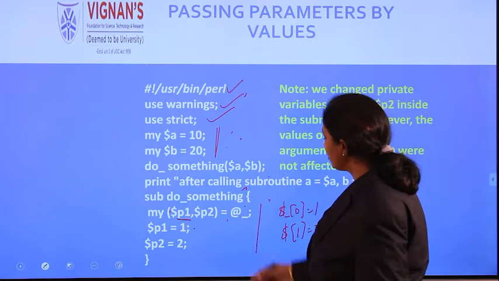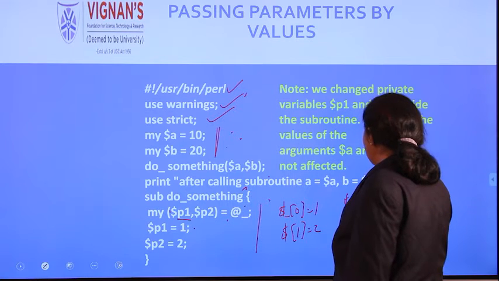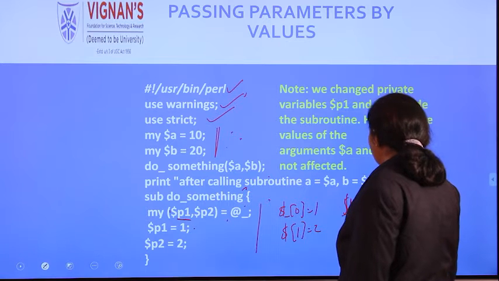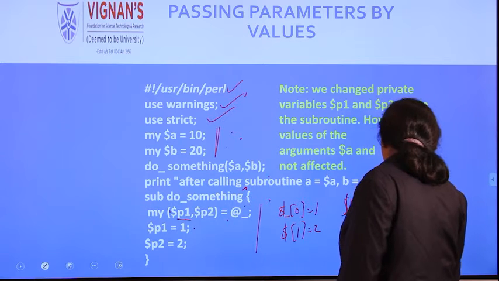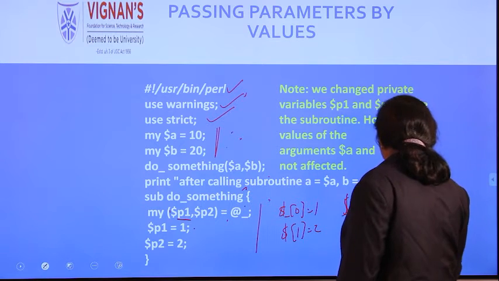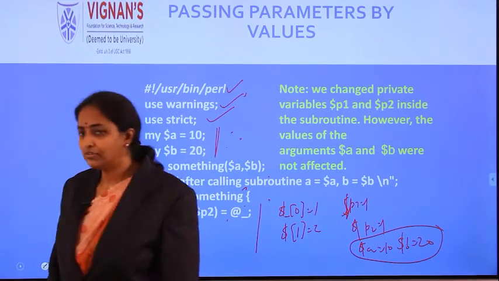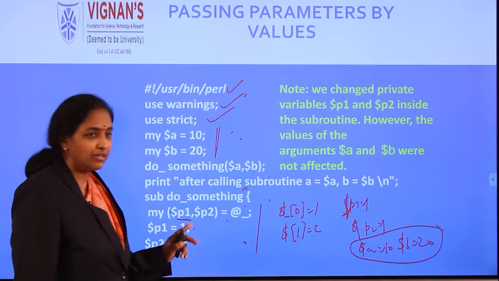If you execute this program, you can find that variable P1 is equal to 1, variable P2 is equal to 2, but the A variable is equal to 10, the B variable is equal to 20. So the arguments will not change. Though inside you have changed the variables also, the arguments will not change.